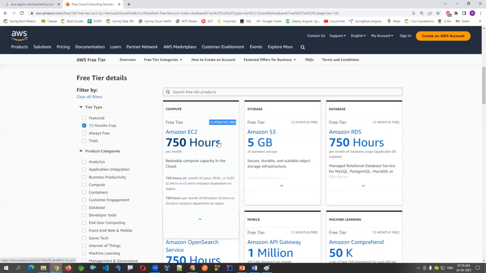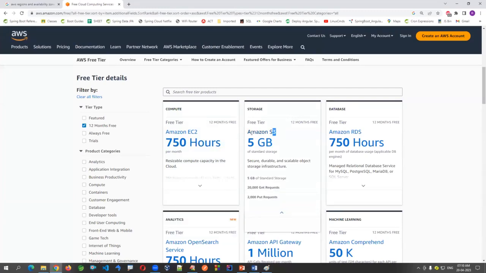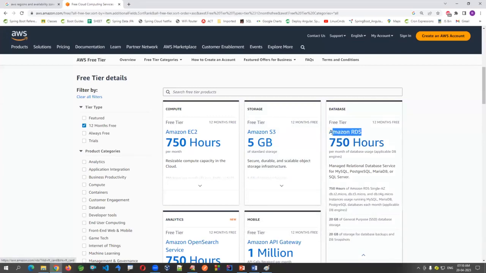If you use more than that, it will be billed, and the billing is also very less, starting from $0.001. If you want to use S3, Simple Storage Service, for uploading and downloading data, something like storage, they give 5 GB of standard storage. Like RDS, relational database, you can use 750 hours per month.